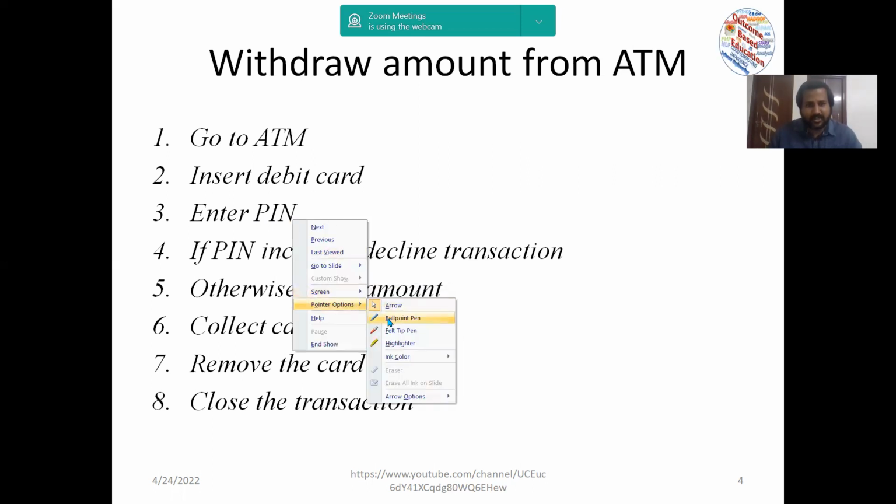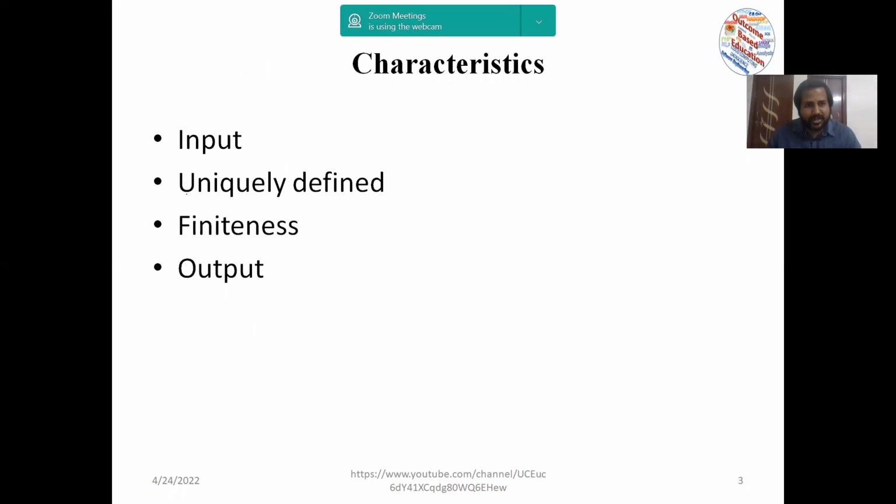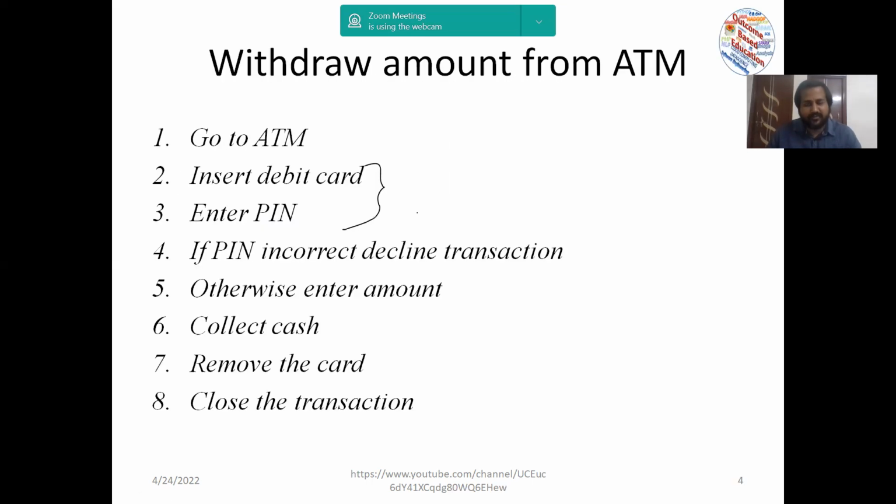Based on that input, the next characteristic is uniquely defined. Uniquely defined means your methodology, your steps, should not be ambiguous. That means a clear understanding should be there. For example, if the pin number is incorrect, your transaction should be declined. There is no ambiguity.